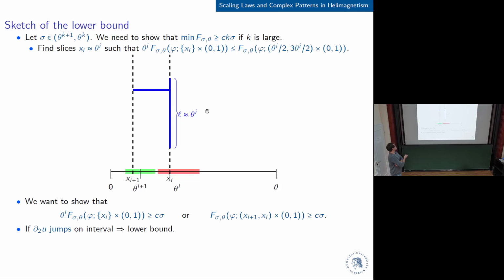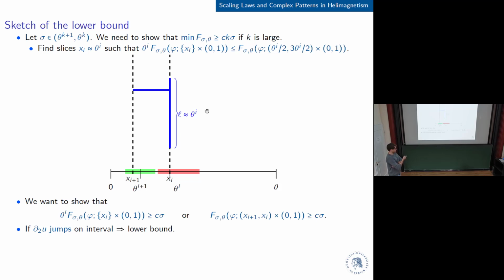In our upper bound construction, it would be expected that on each of those, the y derivative would jump once. So you'd pick up an energy contribution which is of order sigma for each of those intervals. And then, of course, you have theta to the minus i many of those, which would mean this here is bounded below by C. If you have a jump in the y derivative, that's fine.